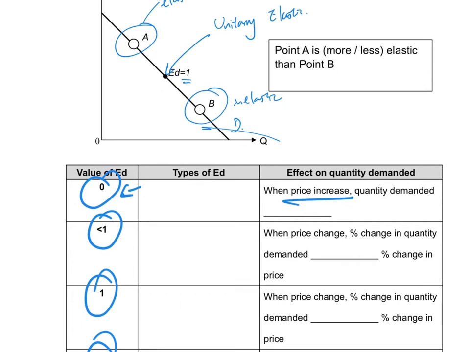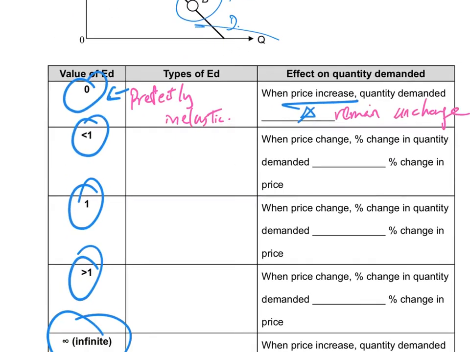So the quantity demanded will remain unchanged. In this kind of elasticity of demand, we call that perfectly inelastic. Totally no reaction to the price change.